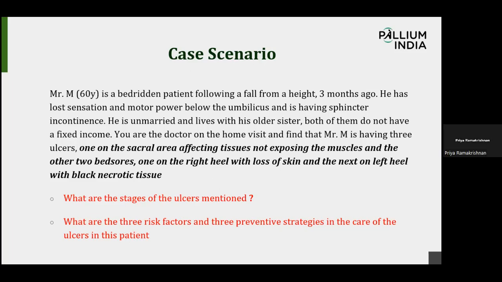Explain the importance of keeping the area dry. Okay, very good. Better nutrition. And skin inspection: whenever they turn the patient from one position to another, they have to inspect the skin and check whether there is any color change or not.